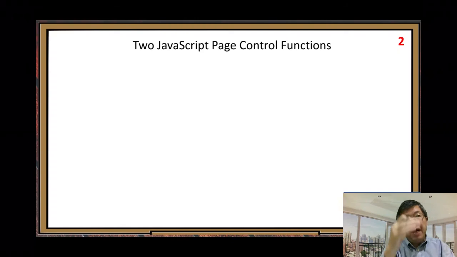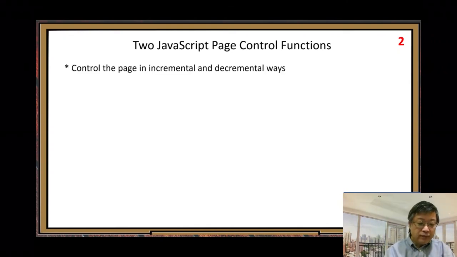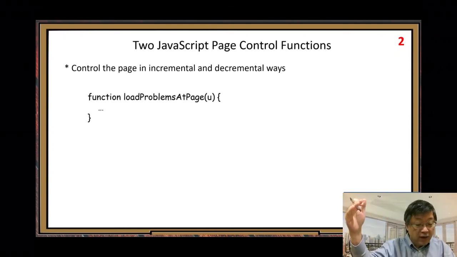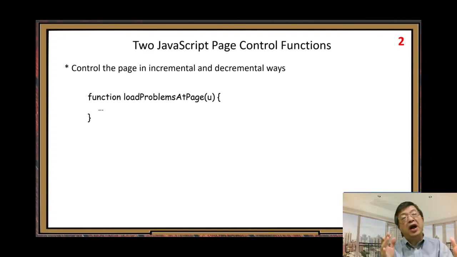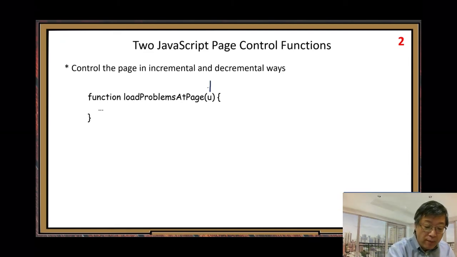Now let us look at these 2 functions. But at this point, we just look at the general idea. The detail part, we leave it to the next few videos. The first one, the incremental, decremental page navigation function. Here I call this load the problems at page u. This u is 1 parameter to control direction.